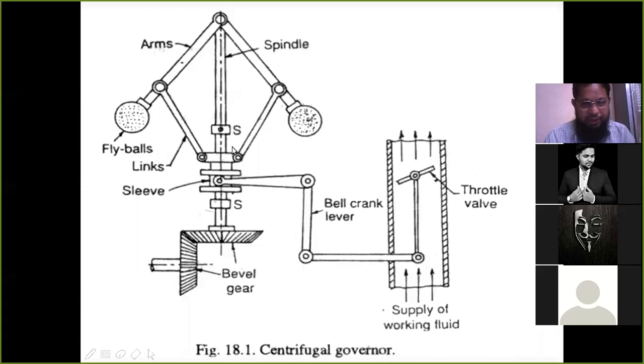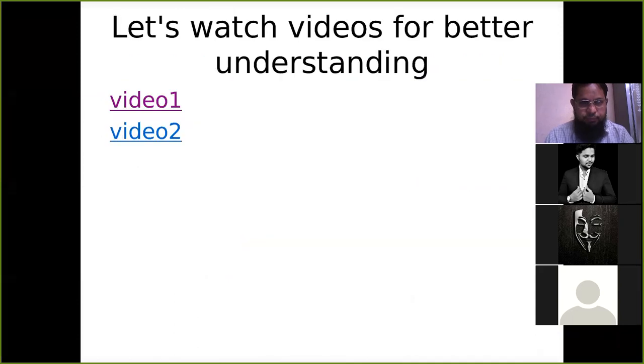It is not having any load on the sleeve, neither a dead weight nor a spring. Therefore, it is nothing but the Watt governor, a pendulum type governor not having any load on the sleeve. Having understood the working of the centrifugal governor, let us move to the further slides. To have clear understanding, we'll watch some videos.